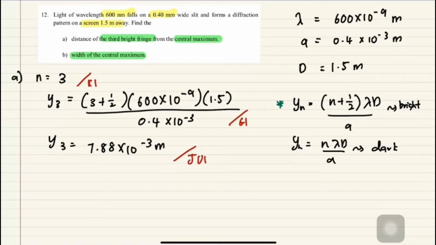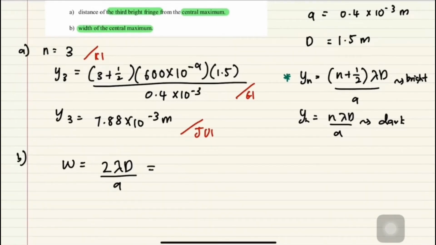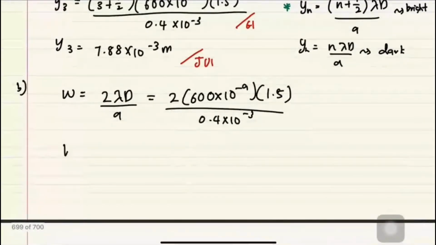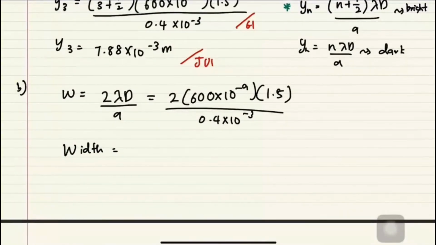Okay, soalan B. Width of the central maximum. Itu kalau markah 3, kalau markah biasa markah 2 je ni. Width of the central maximum is W equals to 2 lambda D over A. We substitute the values: 600 nanometer, D is 1.5, A is 0.4 times 10 to the power of -3. 4.5 times 10 negative 3.